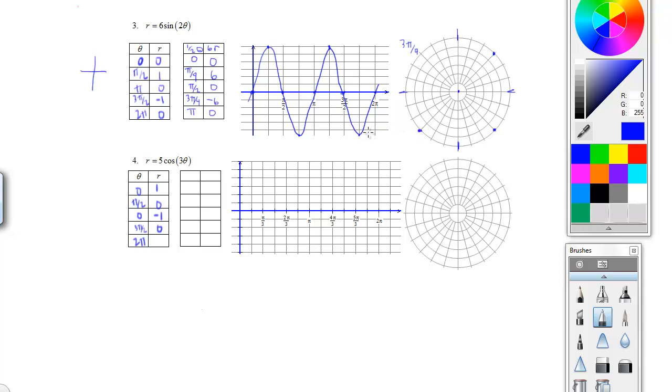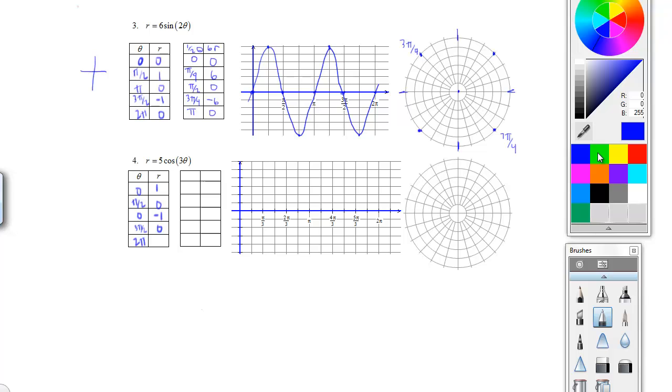And then when we get to 7 pi over 4, it's a negative 6, so that comes to right here. And that probably will be enough for you to draw the curve in the future on your own, just having those points, but I think the first time understanding where these different bits of curve come from is kind of interesting.